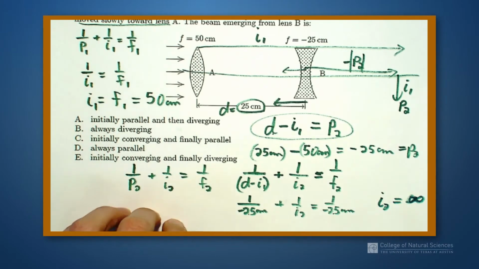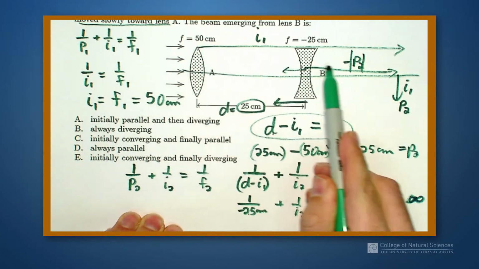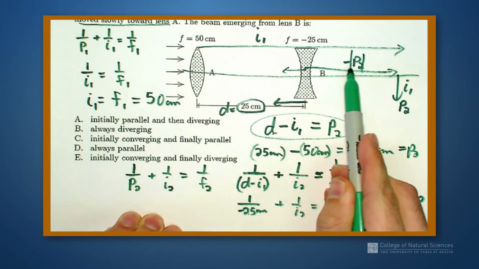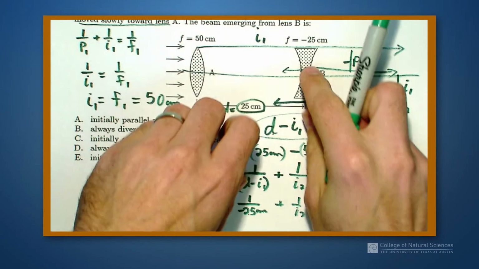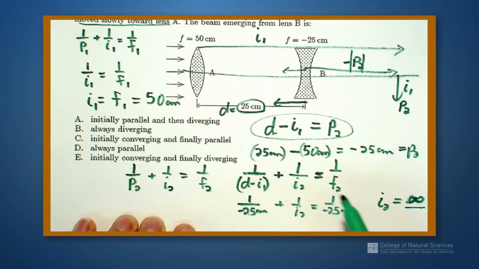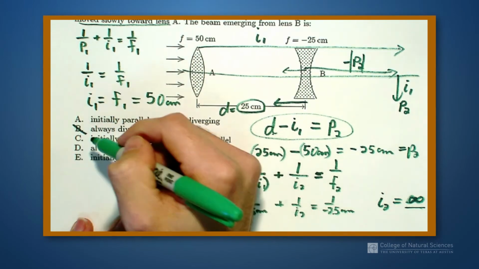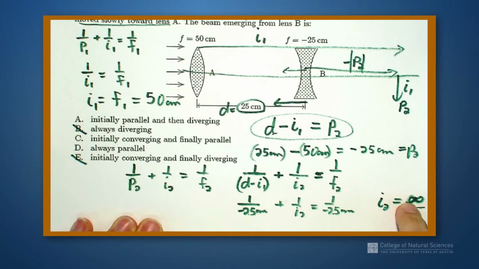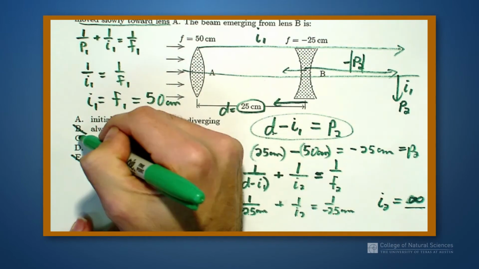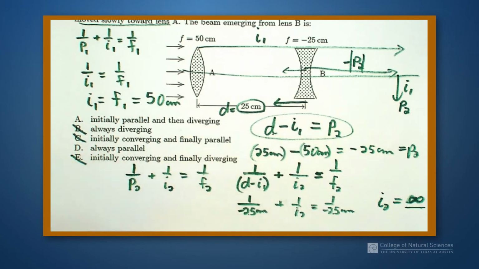So that means it's going to initially come out parallel. Parallel in, it focuses, doesn't quite get to a focal point because then this lens will unfocus it and cause it to go parallel out. So we get to this parallel out case, which means it cannot be diverging. It cannot be initially converging because it's initially parallel coming out. It might be always parallel, and it might be initially parallel then diverging.